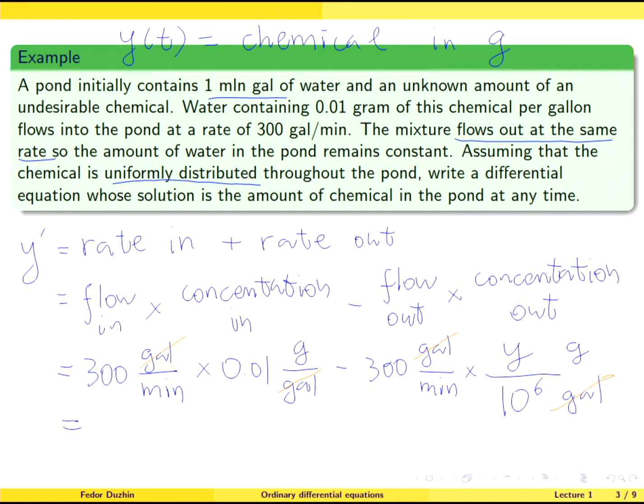Well, and then we just need to write it down. So 300 times 0.01 is 3. Minus 300 times 10 to the minus 6 is 3 times 10 to the minus 4 y. And this is the answer. So y prime equals 3 minus 3 times 10 to the minus 4 y.